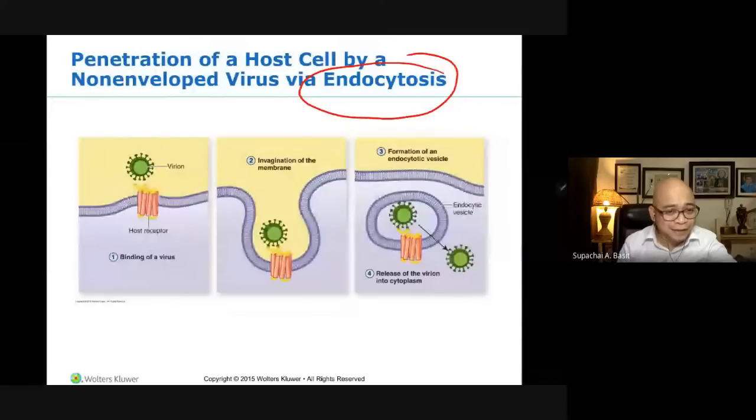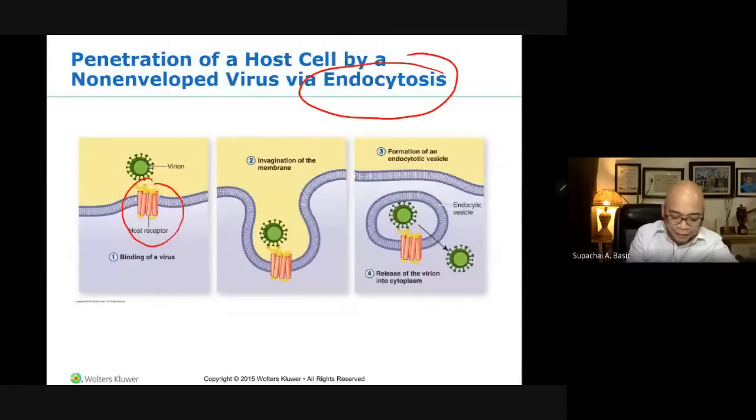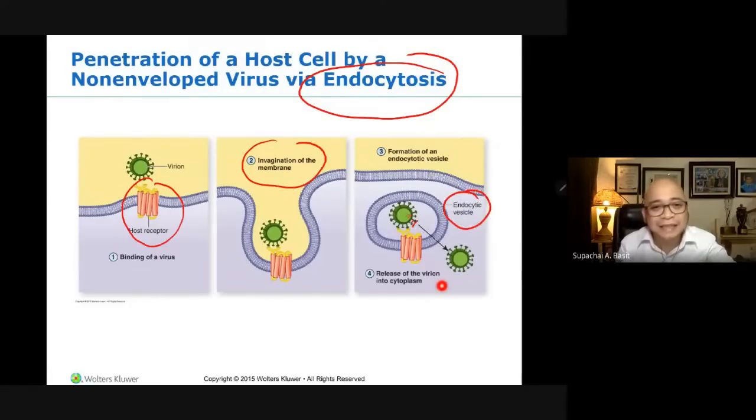It simply means that the virus will bind at the host receptor site, and as it binds, the invagination of the cell membrane will literally swallow the virus until such time that it is now inside the cytoplasm of the host cell, and the cell membrane a while ago becomes an endocytic vesicle. So you now have the virus inside the cytoplasm of the host cell. So this happens for non-envelope viruses.